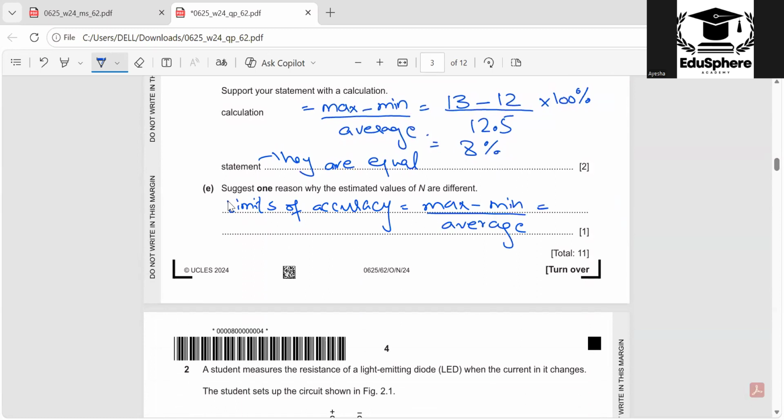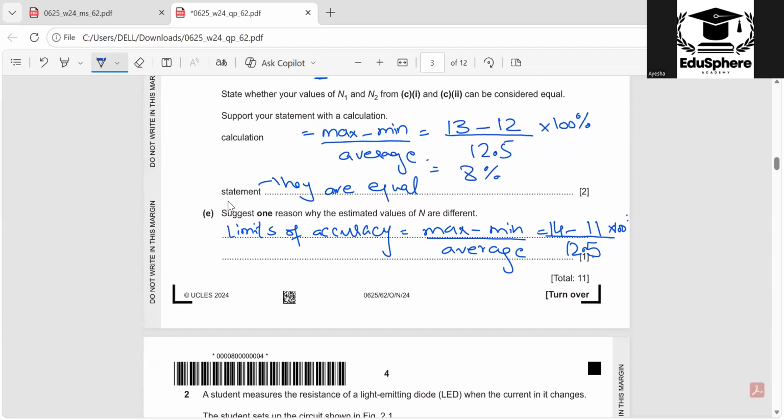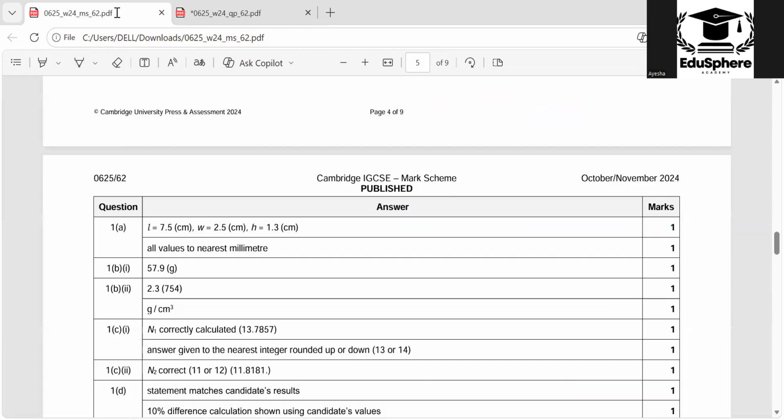So the maximum in this case is 14 minus 11, divided by the average of 14 and 11, which is again 12.5. 14 minus 11 is 3, divided by 12.5, which gives 0.24, times 100%. So the answer is 24%. Since the limit is more than 10%, the values are not equal. Let me see the answer key.